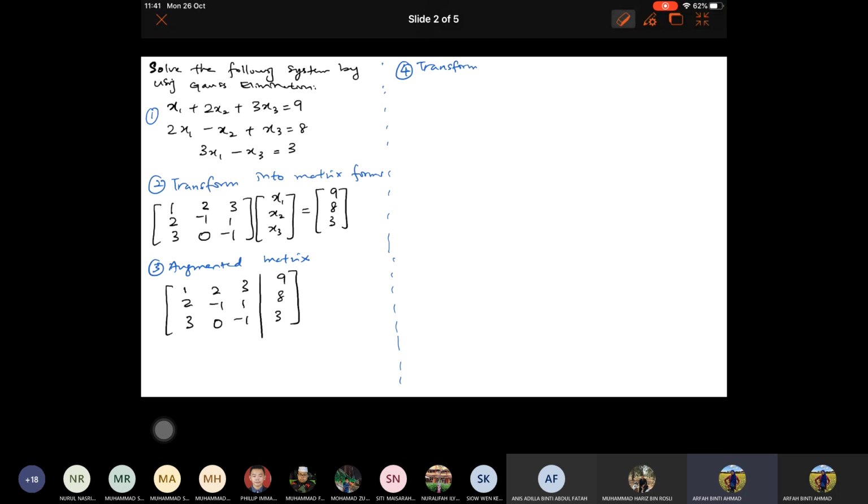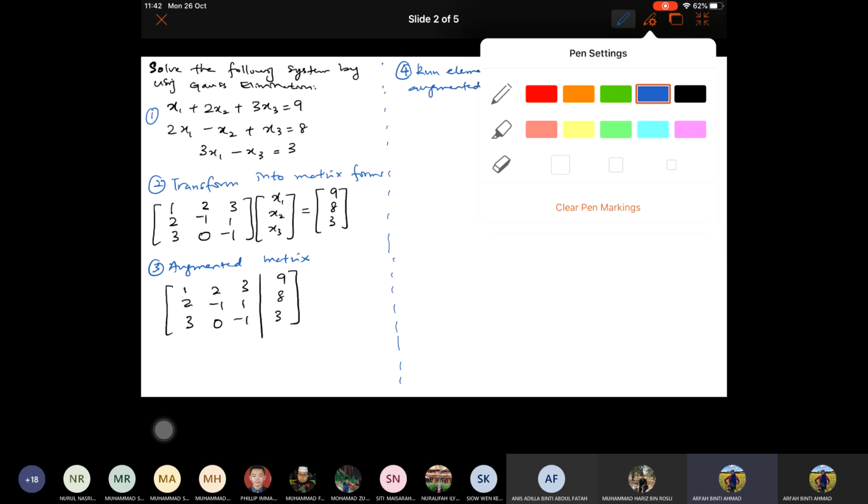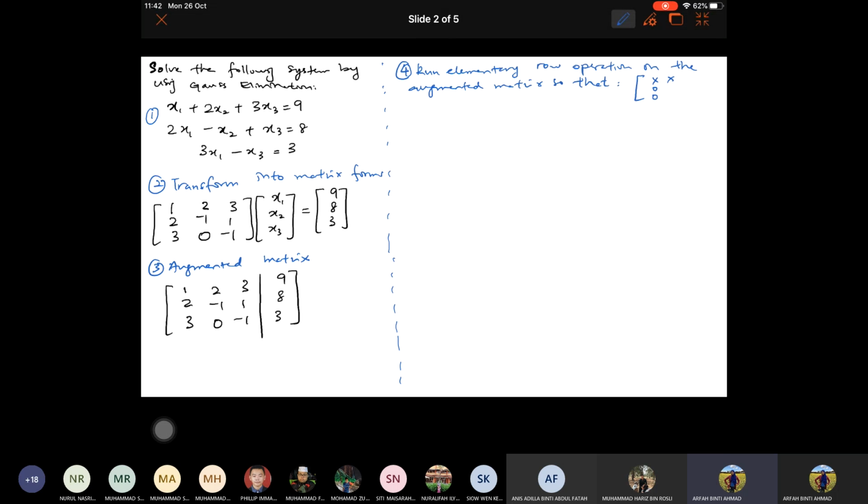Run elementary row operation on the augmented matrix so that you are going to have the matrix will be in this one. X, X, X, 0. Okay. So this is our aim.